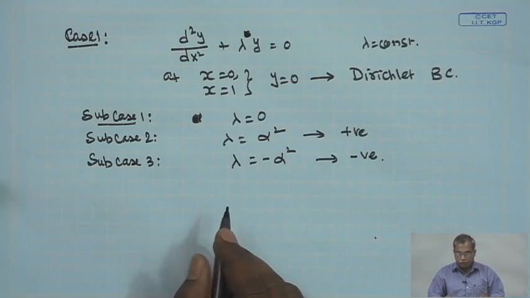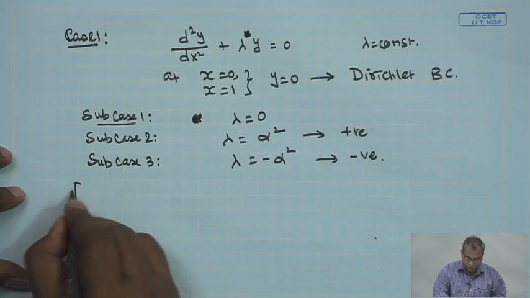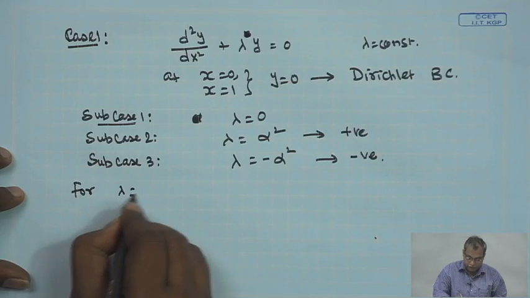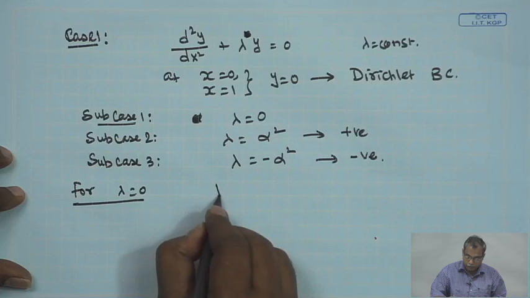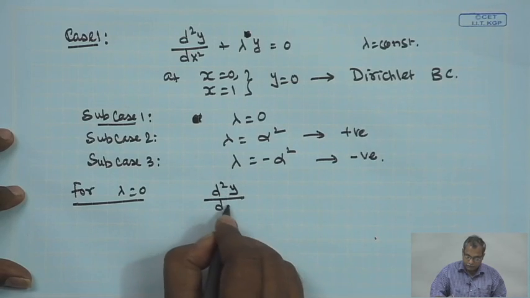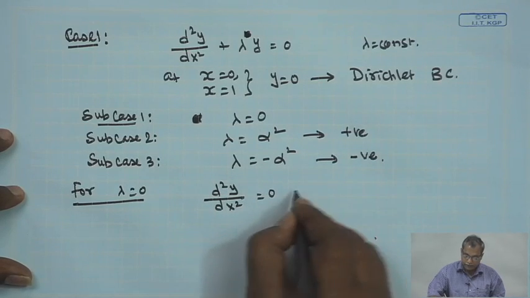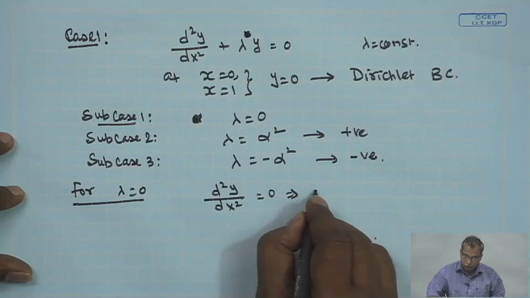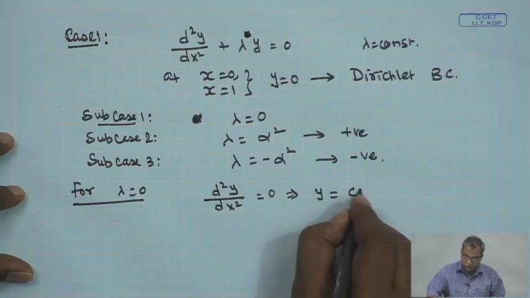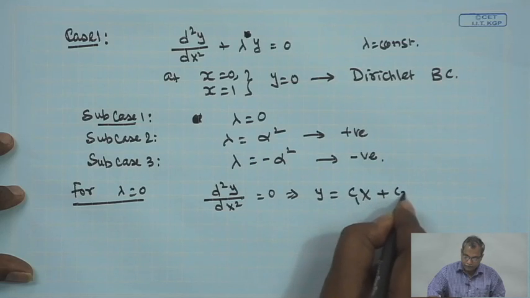So, let us go case by case, starting with lambda equal to 0. Let us see what happens to our solution. Our equation is d square y dx square is equal to 0 in that case. So, y is equal to c1 x plus c2.